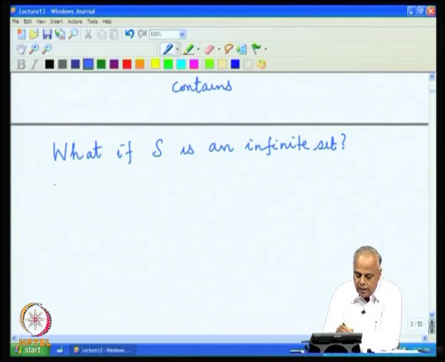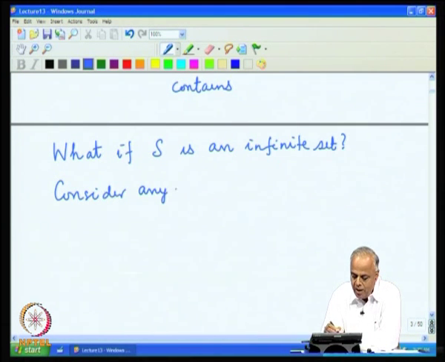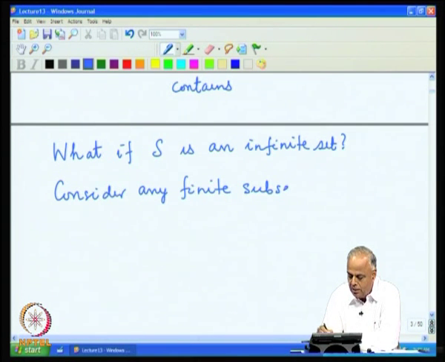So, given a set S, consider any finite subset of S, let us say S hat.